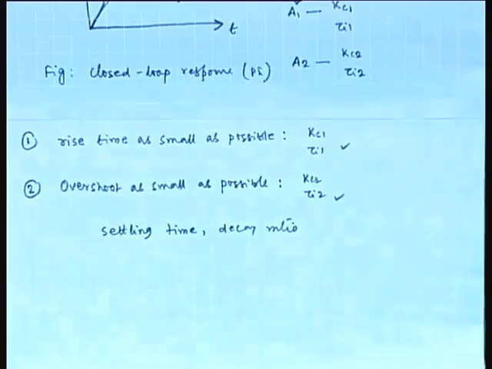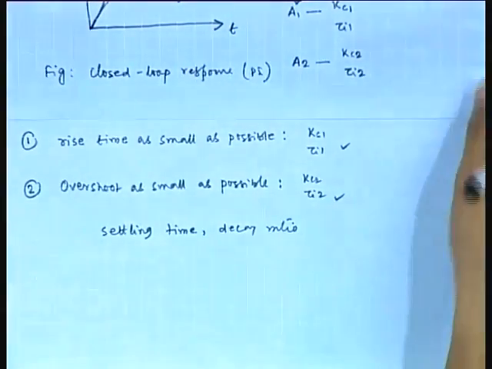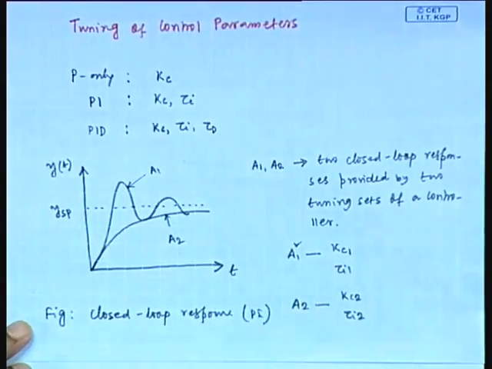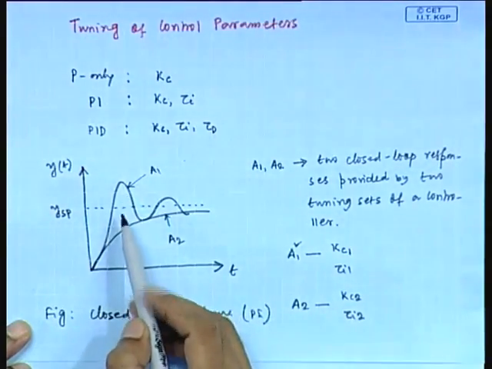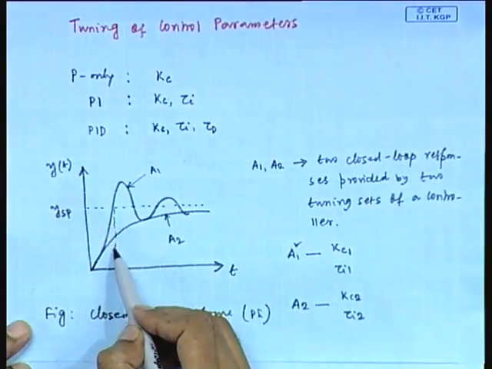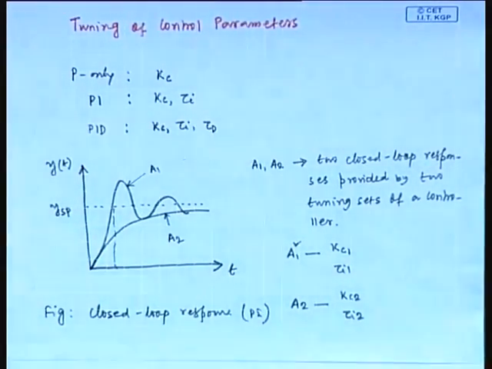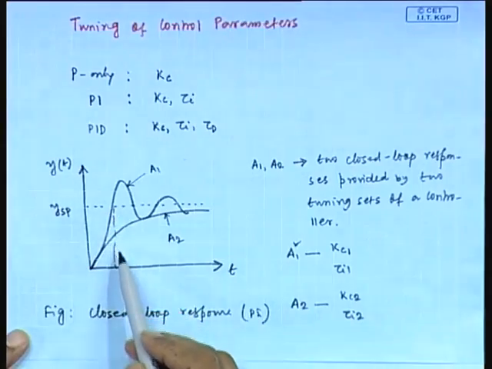Now, you see one thing, if our target is to keep the rise time as small as possible, then we need to consider the closed loop response at a particular time instant, and we will proceed to tune the controller. That means we can tune the controller considering the response at a particular time instant.